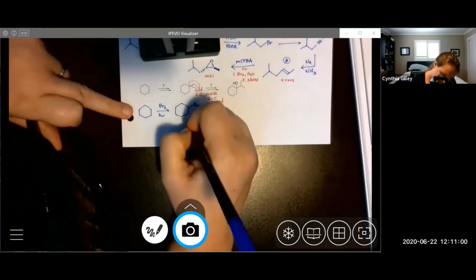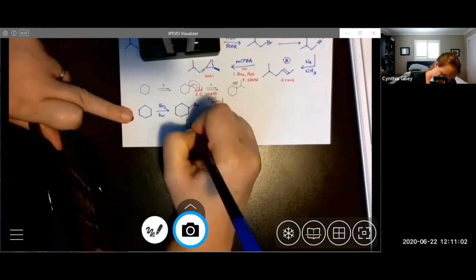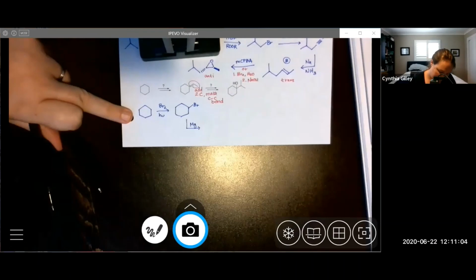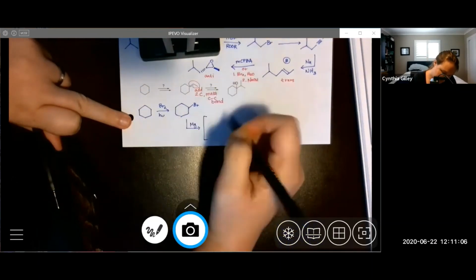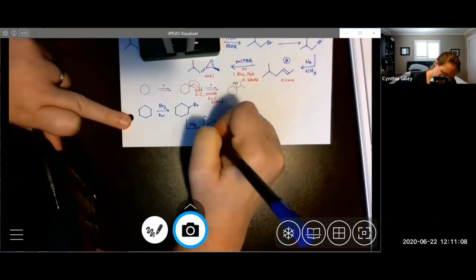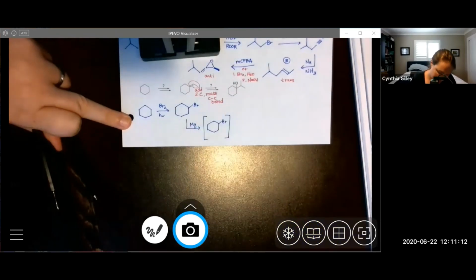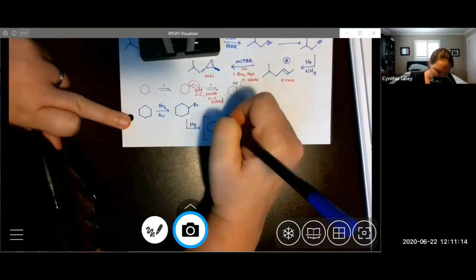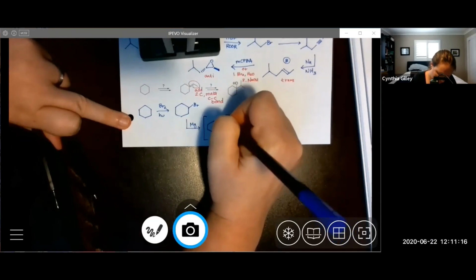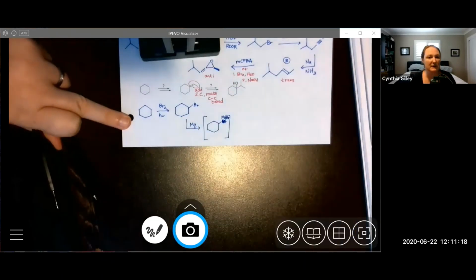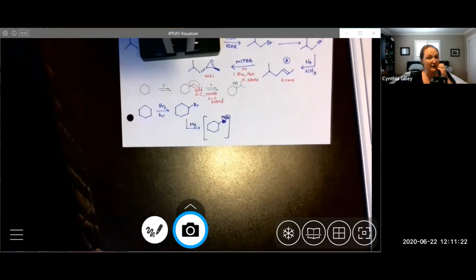So you can add magnesium. We don't isolate the Grignard, so that's the reason why oftentimes if I draw it, I'll put it in parentheses. Sorry, I actually want to draw the Grignard. And then now we can make that new carbon-carbon bond. What do we want to do?